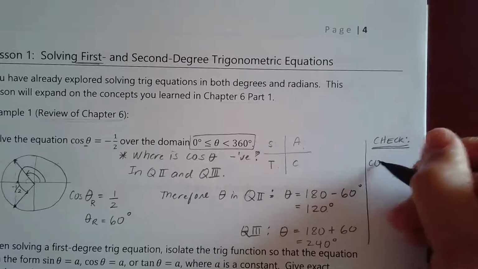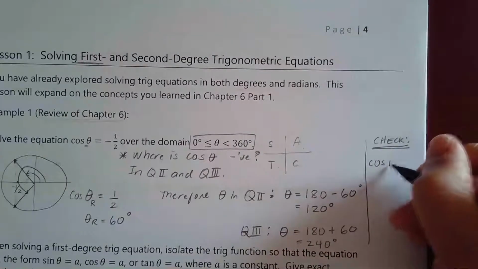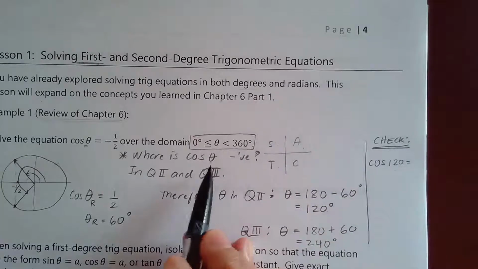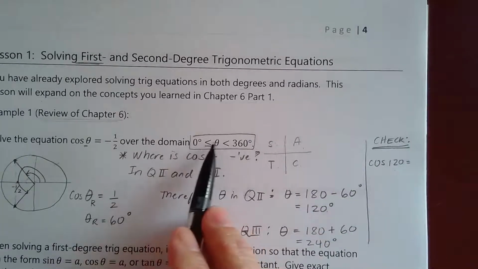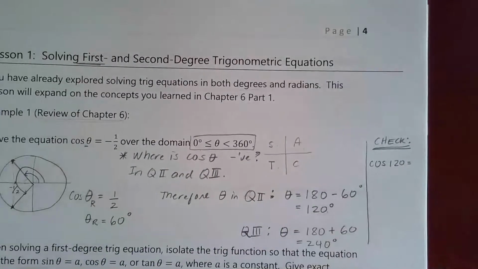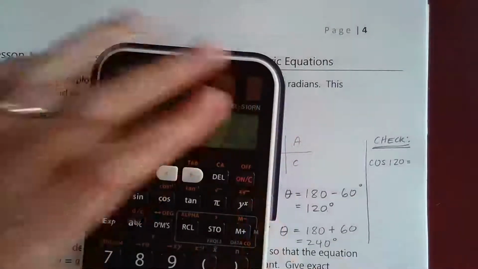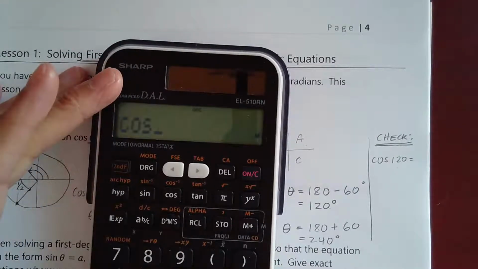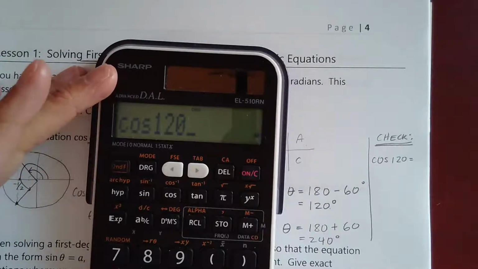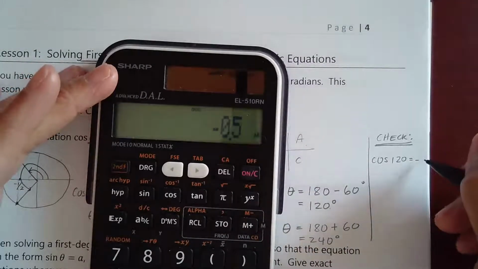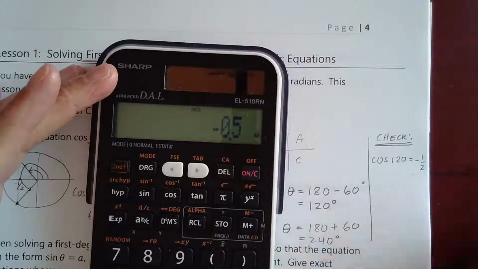If you go cosine of 120 degrees, remember, because our domain here is in degrees, we want to make sure our solution is in degrees as well. So let's type that in. Cosine of 120 is going to equal negative 0.5, negative a half.